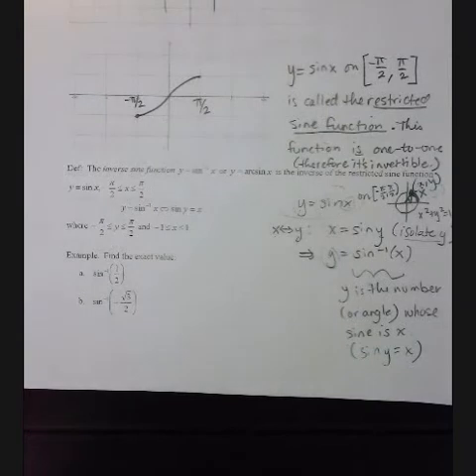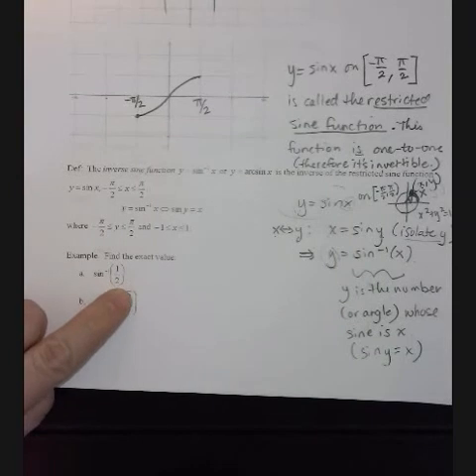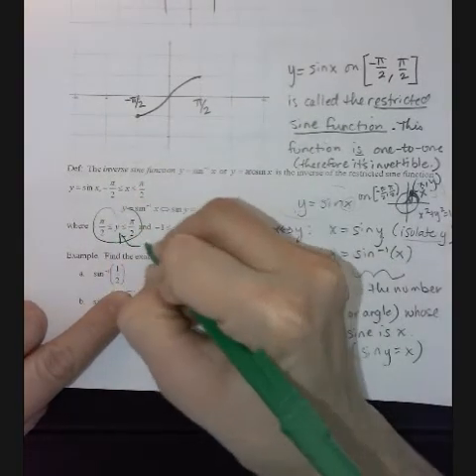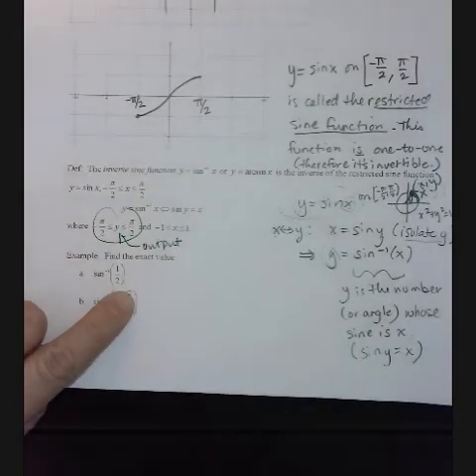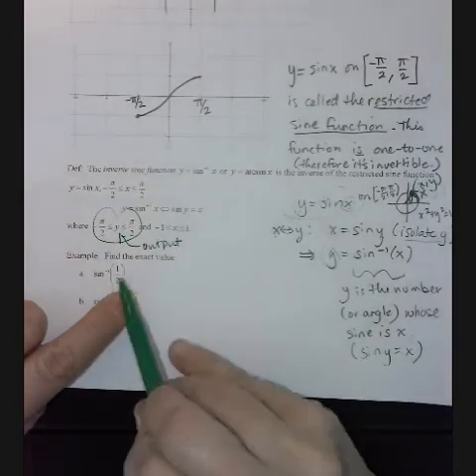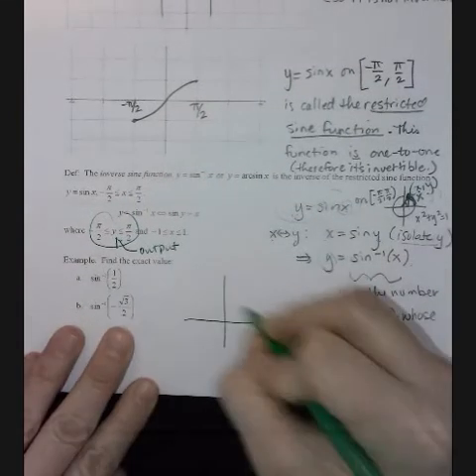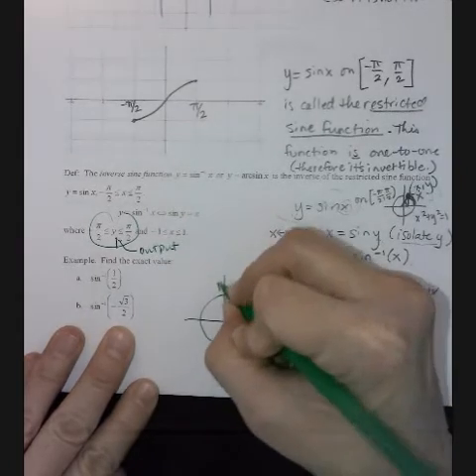So when you see this, it's asking you what number has a sine that's equal to 1/2, or what angle has a sine that's equal to 1/2. Now when you do this, you have to choose your output, right? This is your output. You have to choose it between negative pi over 2 and pi over 2. So in other words, if you think about the unit circle, negative pi over 2 is down here, pi over 2 is up here.